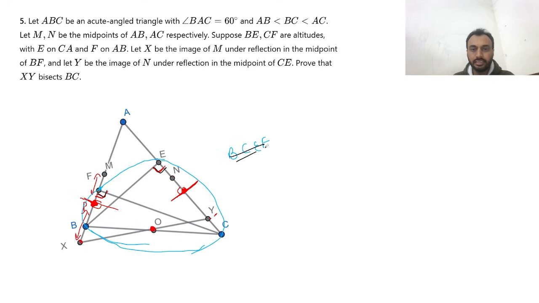So BCEF is a cyclic quadrilateral and BC is a diameter. Yes or no? So BCEF lies on a circle with BC as the diameter, because the angles at F and E are 90 degrees made by BC.